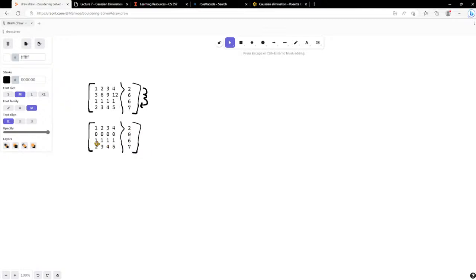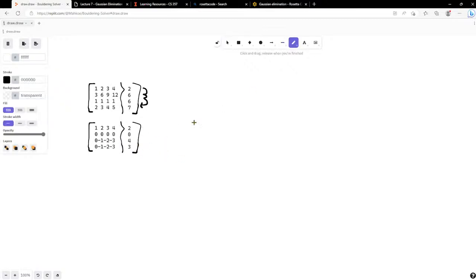And then here we're going to subtract 1, so this is going to be 0 minus 1 minus 2 minus 3. This comes out to 4. And then here we subtract 2 times that row. So we have 0 minus 1 minus 2 minus 3. And here we have 3.